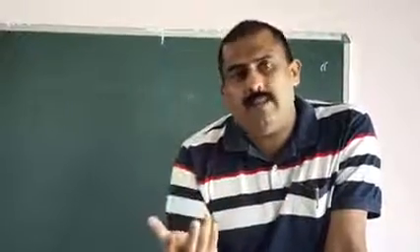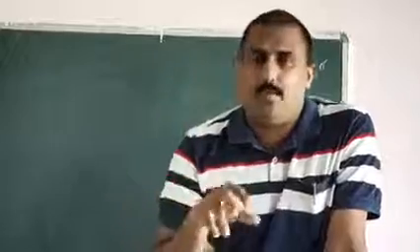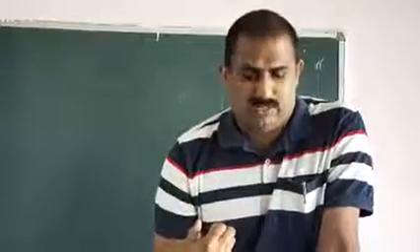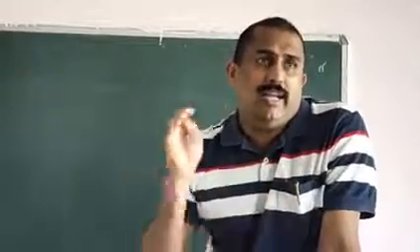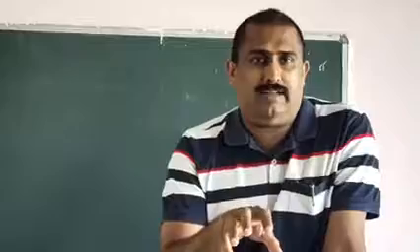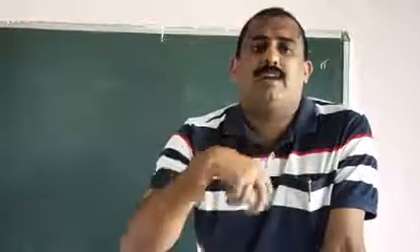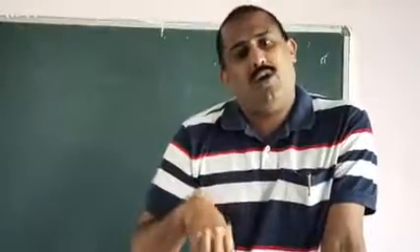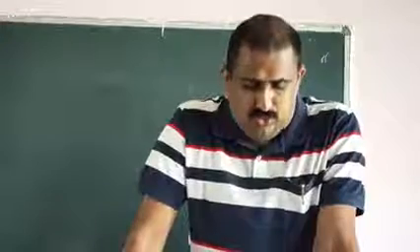Then obviously, what will be the result? Definitely the result will also be wrong, because your input is wrong. So when we are entering into the computer, we have to input the correct data. Then we get the right result. If you enter the wrong input, we will get the wrong output. So wrong input leads to wrong output.